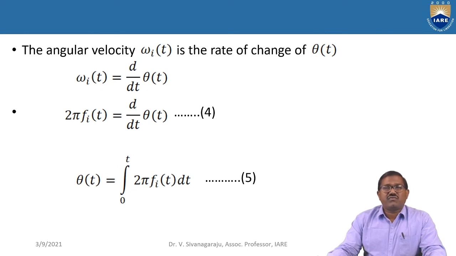Finally theta of t is equal to, here the derivative moves to the left hand side and is converted into an integral, integral 0 to t of 2 pi fi of t dt. This is our fifth equation. Here we are going to derive the single tone modulation of this frequency modulation.